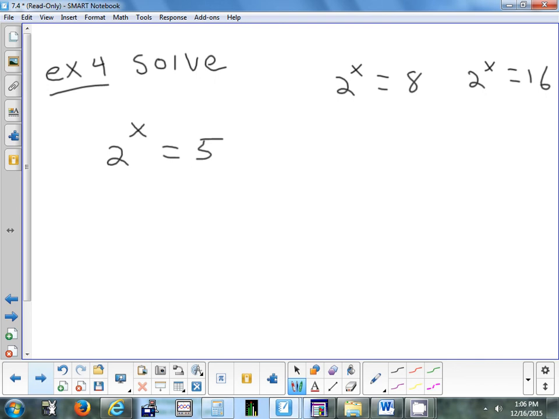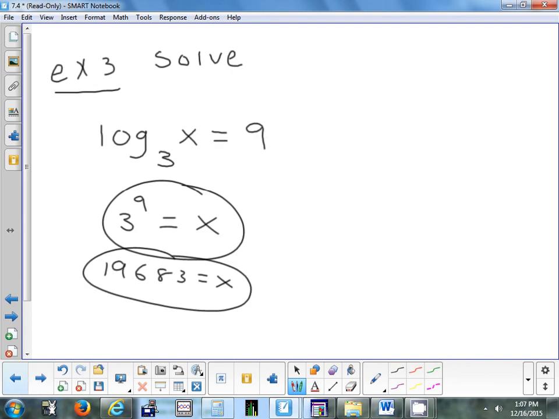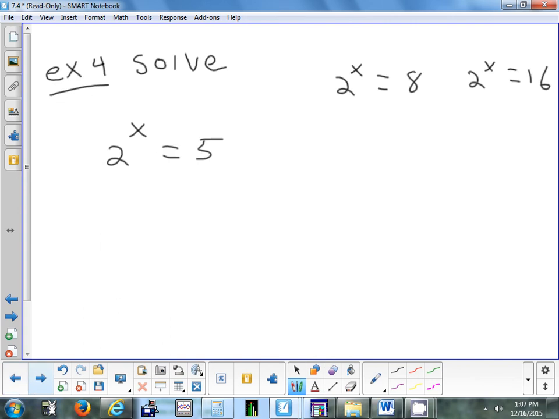There's really only one thing I can do with this equation. What's the one thing I could do here? Yeah, change it just like we did the last problem, except this time, instead of changing to exponential, change it to log.